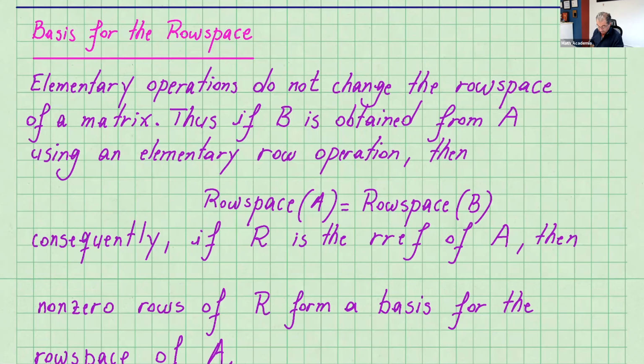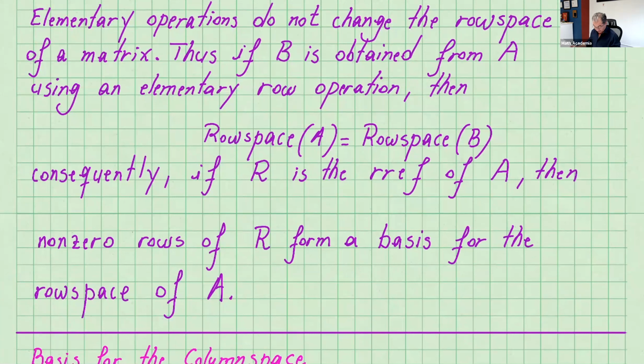Thus, if B is obtained from A using an elementary row operation, then the row space of A is the same as the row space of B. So if R is the RREF of A, then the non-zero rows of R form a basis for the row space of A.